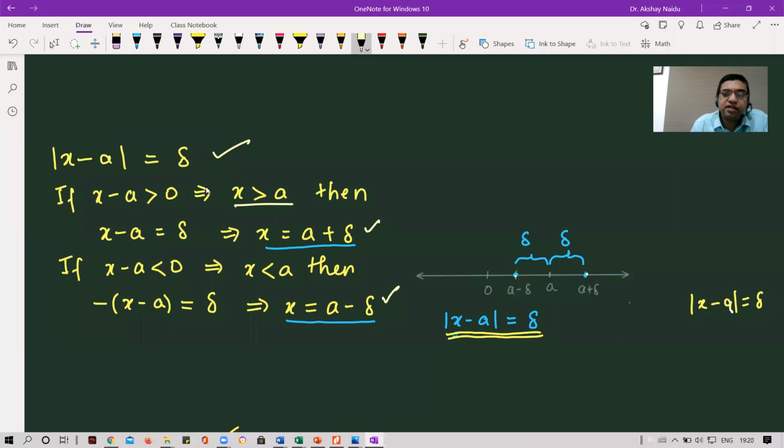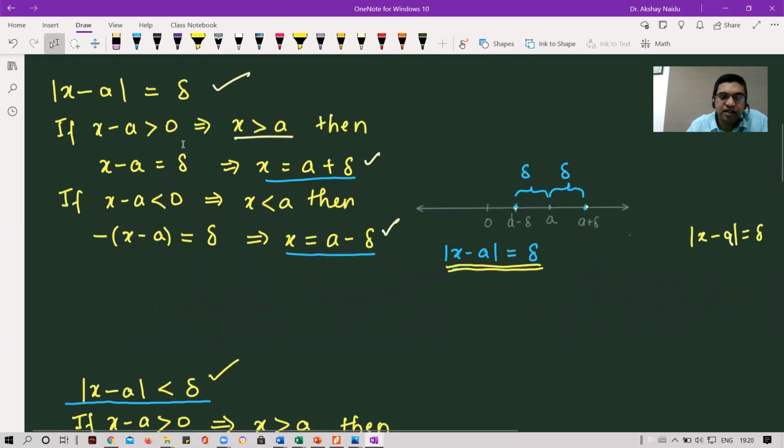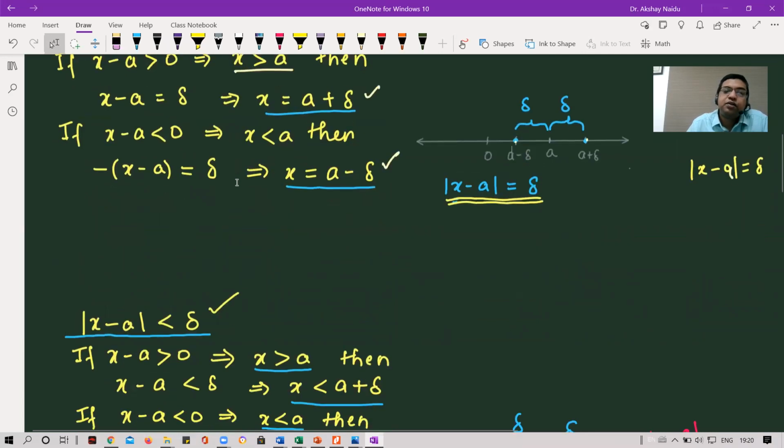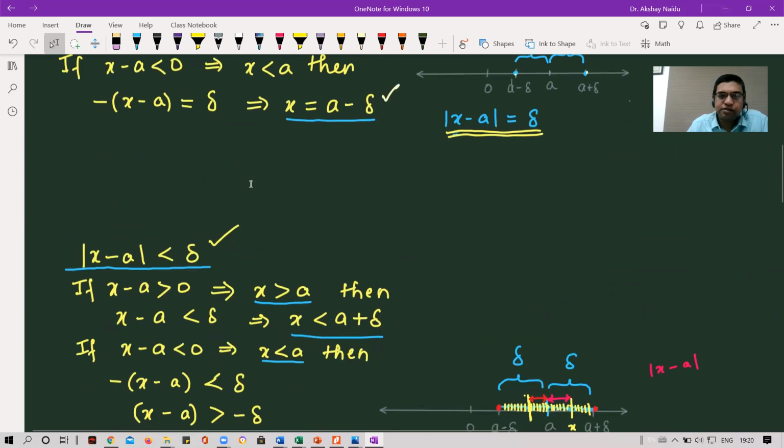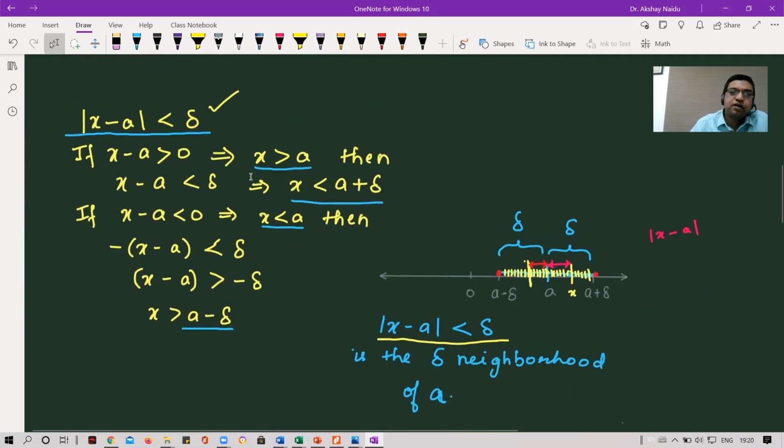So mod of x minus a equal to delta gives you 2 points which are at a distance of delta from a. Okay, the concept of modulus you must understand so that you understand how we define limits. Now next, modulus of x minus a less than delta.